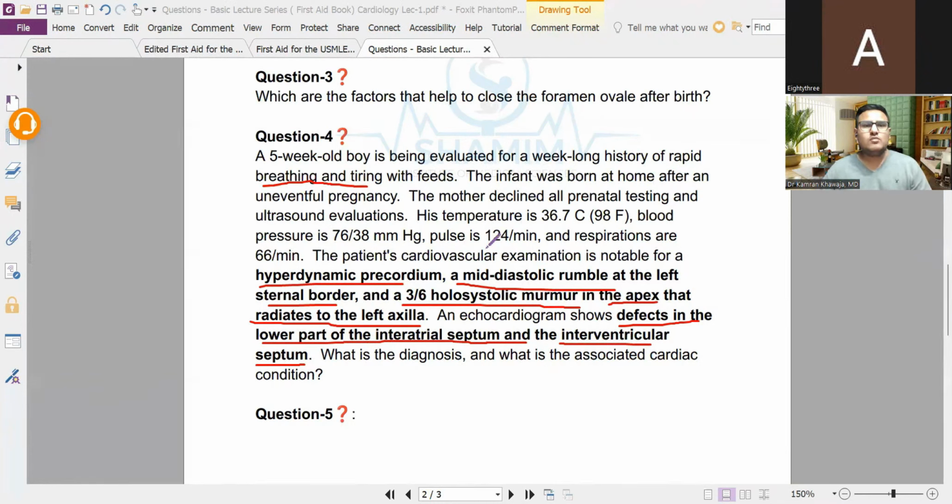Endocardial cushion, the primary problem is the endocardium, leading to aorticopulmonary septal defect as well as ventricular septal defect. So what is the diagnosis? This is Down syndrome. It is a patient of Down syndrome.